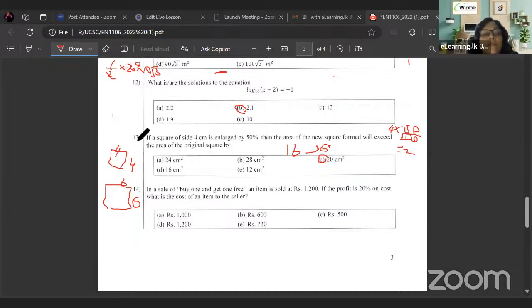So one side is 4, then we find the area of the square by multiplying side lengths, 4 into 4, 16. Then enlarge the side by 50%.